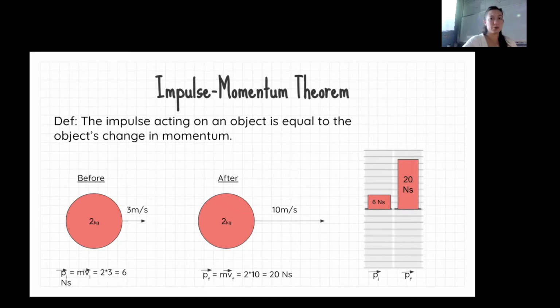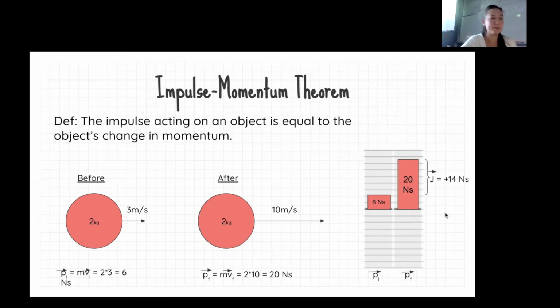Even though I don't know the force or time, I do know that it went from 6 Newton seconds of momentum to 20. And that gain must have come from the impulse. So the impulse is 20 minus 6. It gained 14 Newton seconds of momentum. This is positive impulse because it gained momentum.